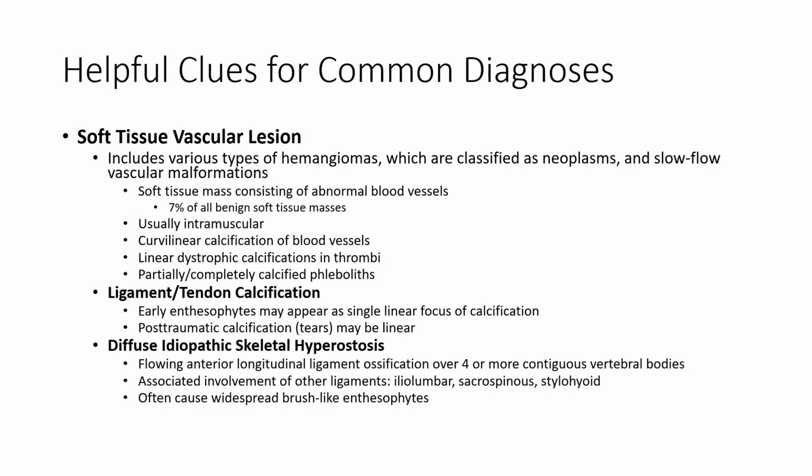Diffuse idiopathic skeletal hyperostosis shows anterior longitudinal ligament calcification over four or more contiguous vertebral bodies, with involvement of other ligaments, including the iliolumbar, sacrospinous, stylohyoid, and often causes widespread rust-like enthesopathy.